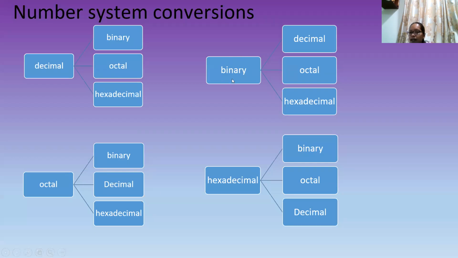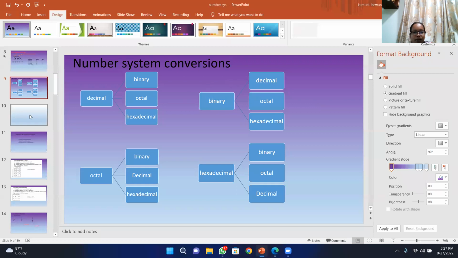How to convert binary into decimal, then binary into octal, and binary into hexadecimal. First, we'll see how to convert binary into decimal.